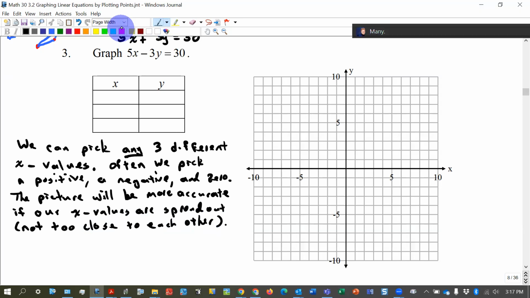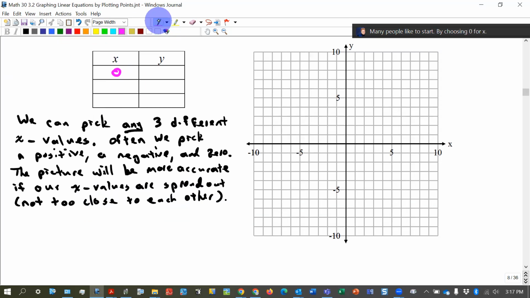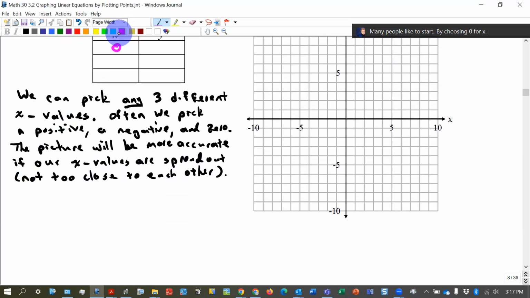Many people like to start by choosing 0 for X. So let's pick X equal to 0.